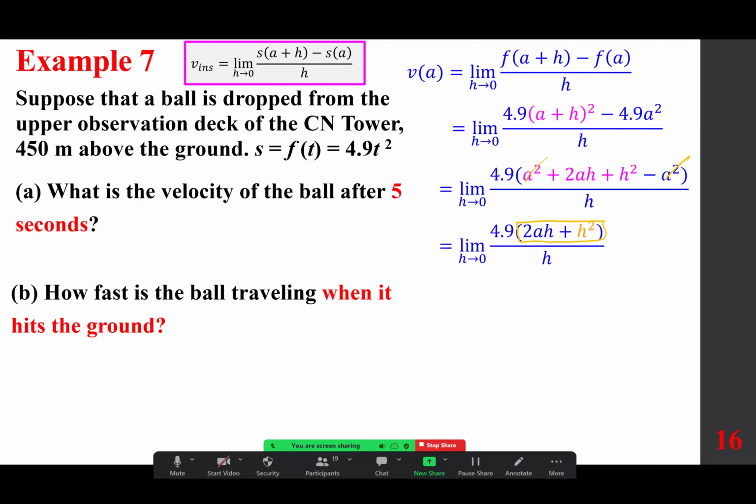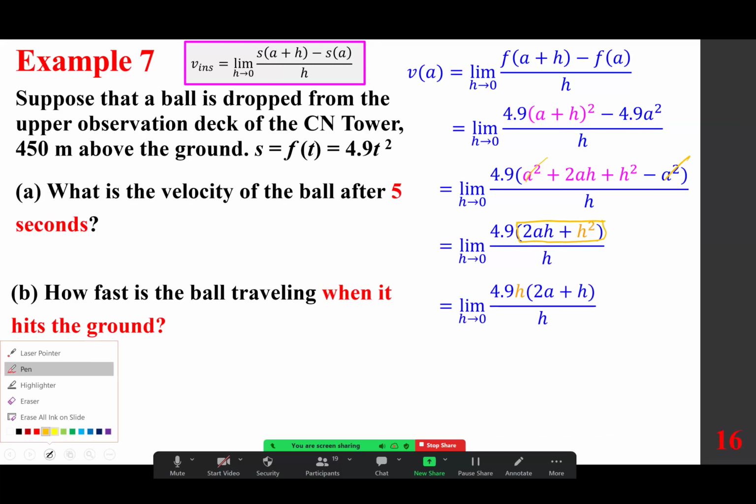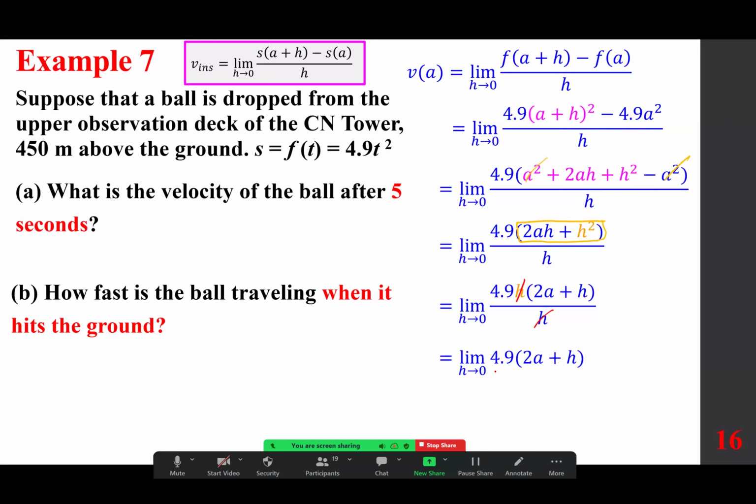And in this parentheses, we have a common factor of h. We take out the h. And now if I plug in 0 instead of h, I get 4.9 times 2a, or 9.8a.